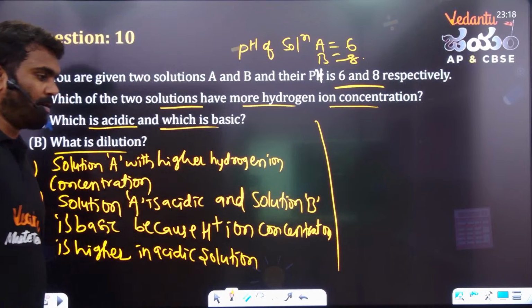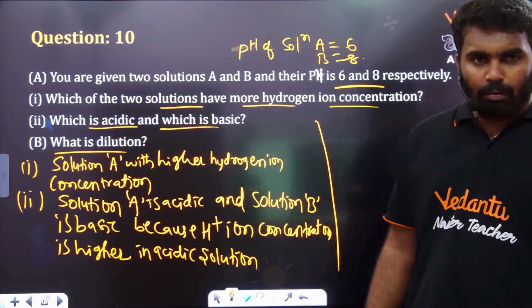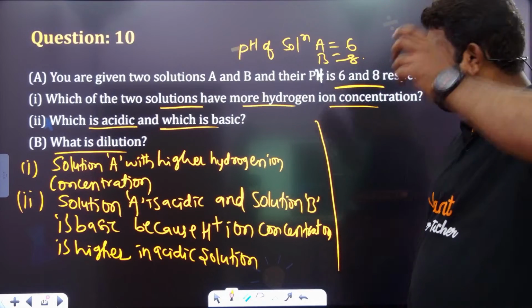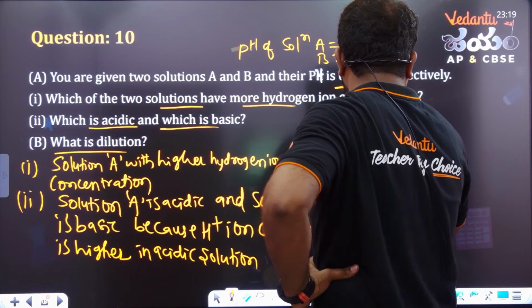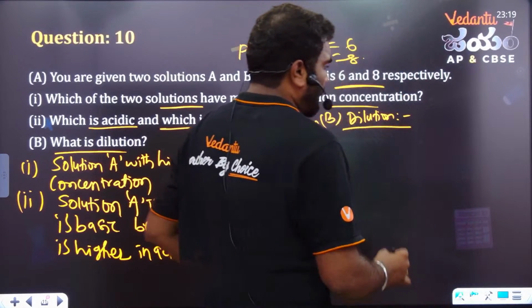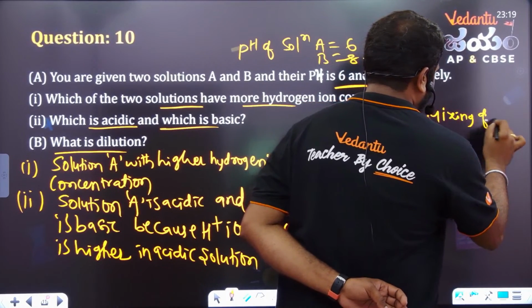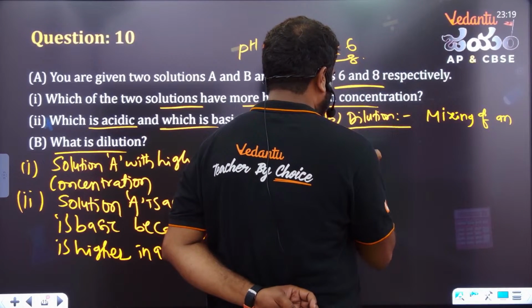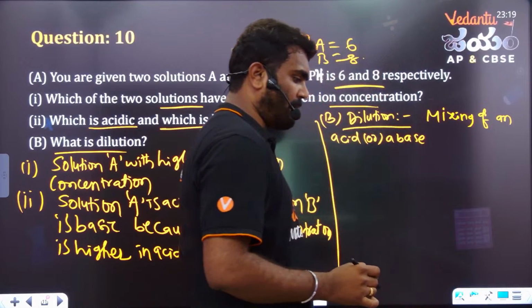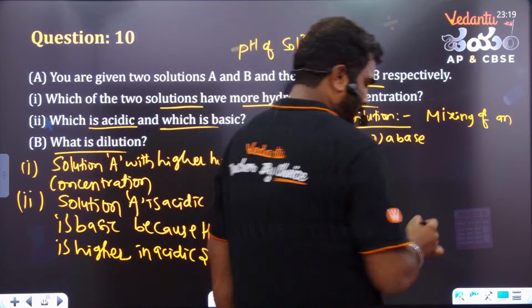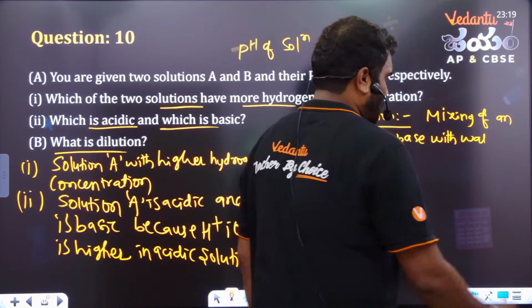So dilution is the mixing of an acid or base with water. Next question B, dilution: mixing of an acid or a base with water.